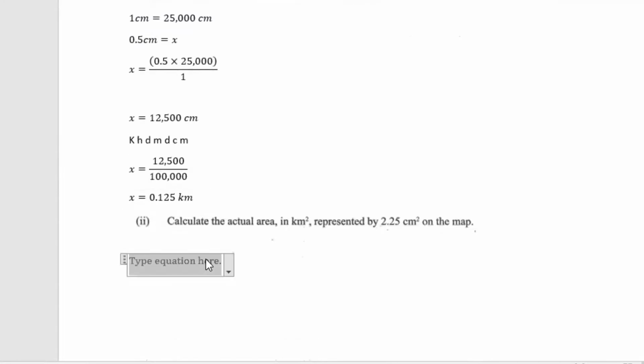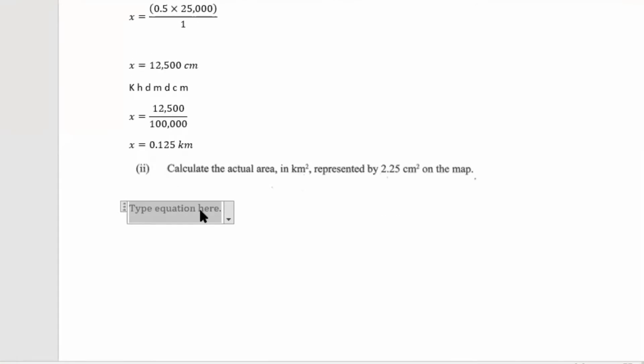Part 2 now says, calculate the actual distance in kilometers squared represented by 2.25 centimeters squared on the map. So what we know from above is that 1 centimeter is equal to 1 over 100,000 kilometers. So if we have the 25,000 centimeters that was given in the question, we want to know how much that is in kilometers, and that will be our x.